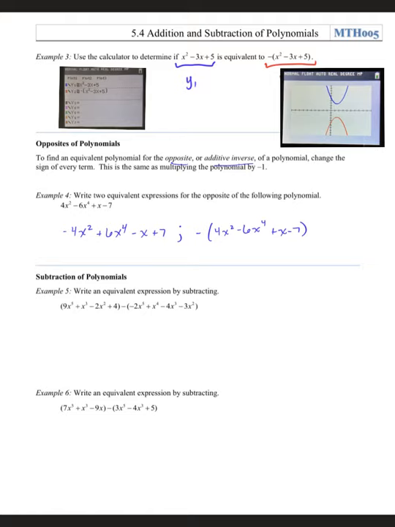Now what we're going to be doing is looking at the subtraction of polynomials. Well, first thing, just like we did in the previous page of examples, you have to eliminate parentheses first, which means you need to distribute, in this case, a positive one here, but now we have to distribute a -1 in front of that second set of parentheses. The first set, the signs do not change because we are distributing a positive value.